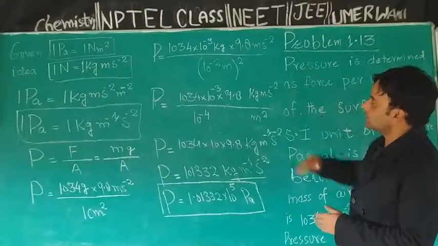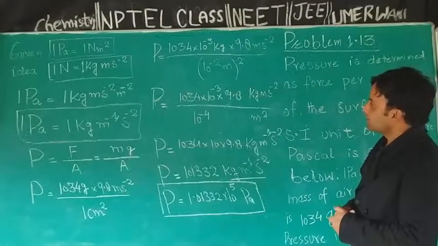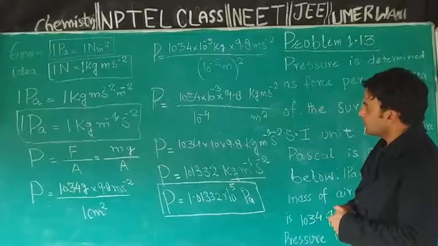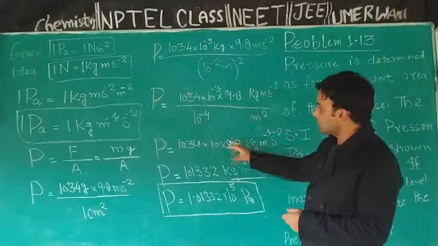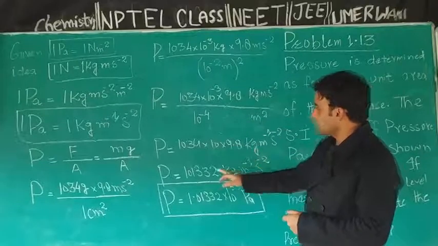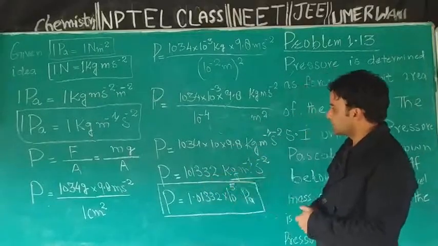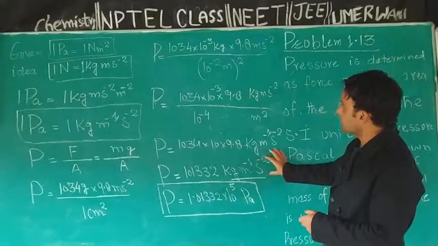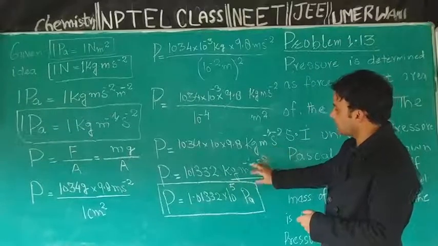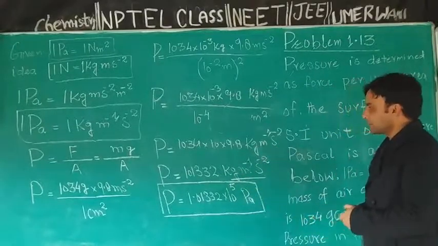By doing this, certain multiplying factors got introduced into the equation, and after evaluating the numerical values, I got pressure equal to 101,332, and after evaluating the units, I got kg meter inverse per second square.